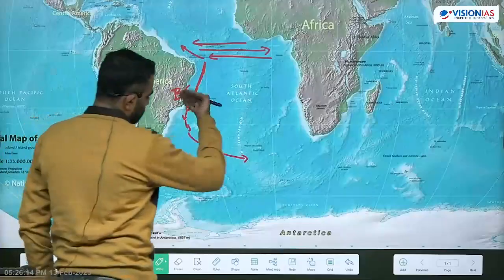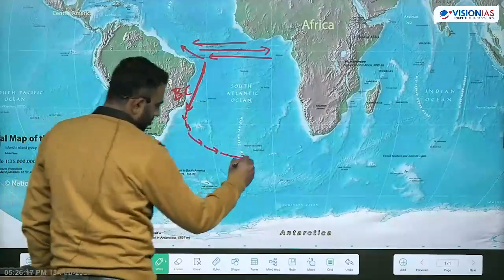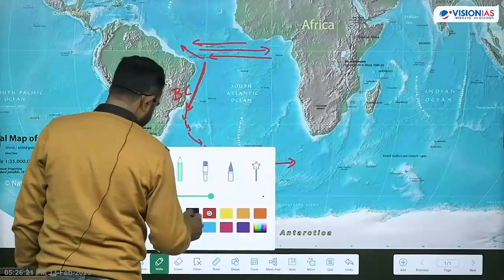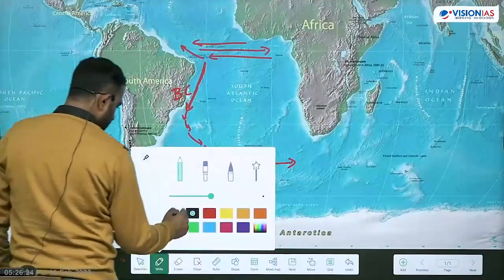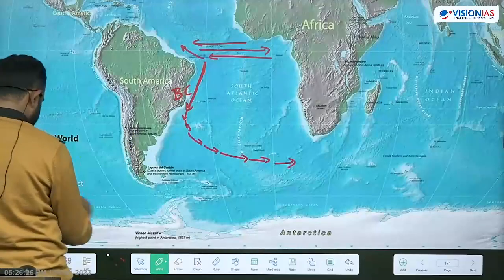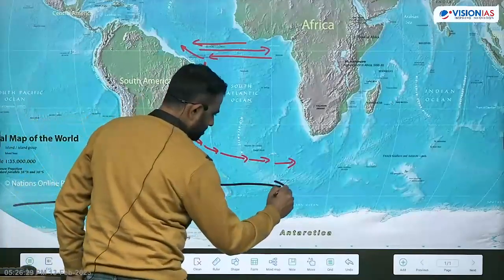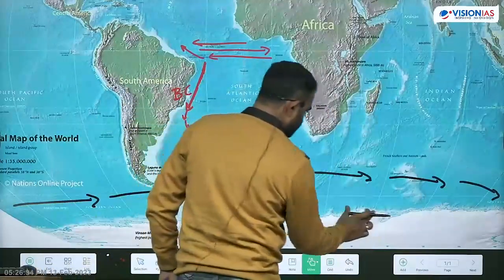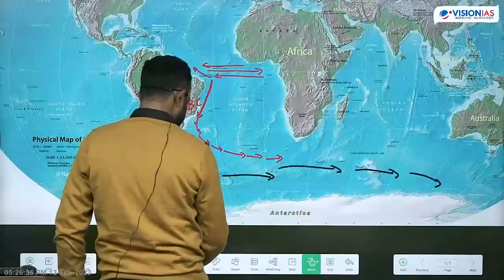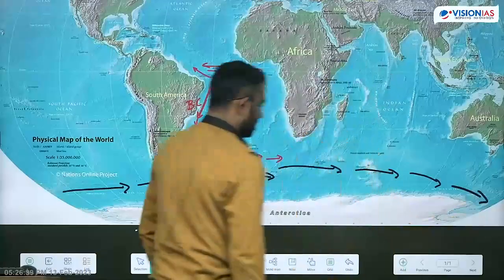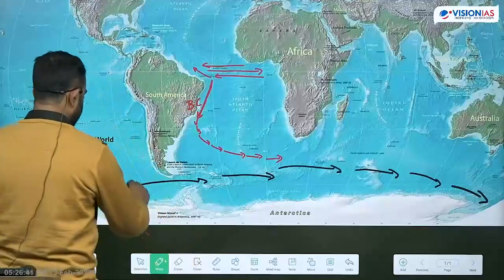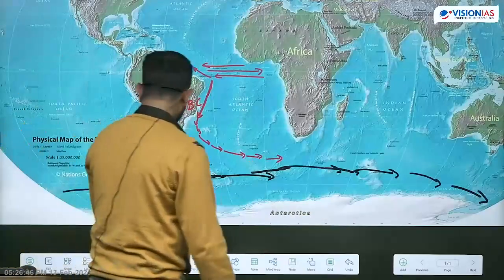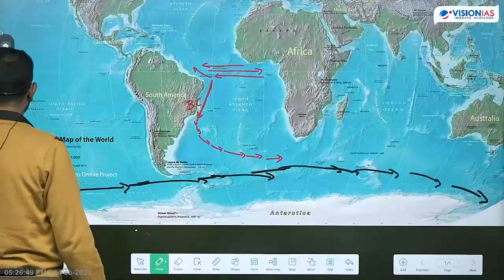The entire current turns towards the left, and it will join one of the strongest currents in the world, which is continuous, and it covers the entire Antarctica completely, without any interruption, without any discontinuity.